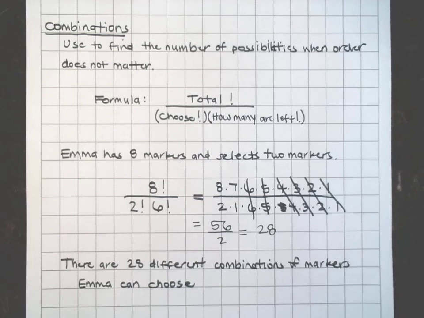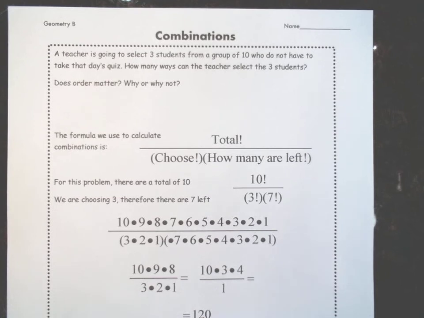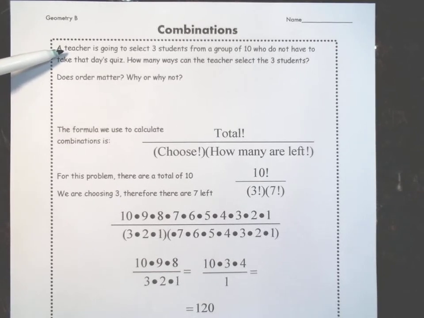Okay, so let's look at your assignment on combinations. And you'll see pretty much what we just did in our notes. So here's the problem. A teacher is going to select 3 students from a group of 10 who do not have to take that day's quiz.